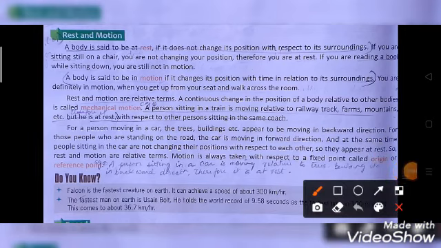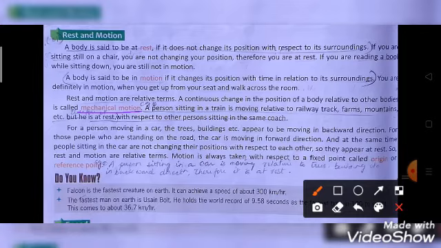Let's see now mechanical motion. What is mechanical motion? I will just give you an example. Suppose you are traveling in a car. You are sitting in a car, you are at rest, but the car is moving. So you are at rest in relation to the person sitting next to you, but you are in motion in relation to the surrounding, the roadside, the trees, the mountains.